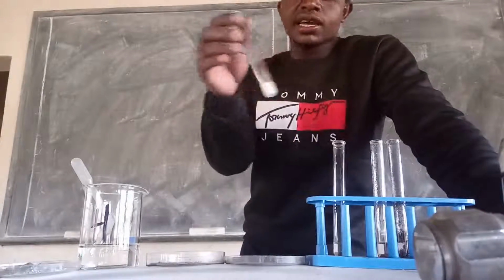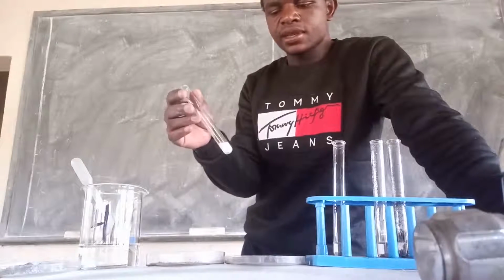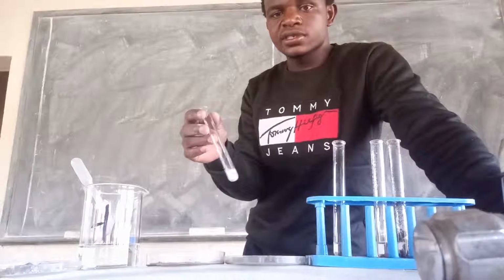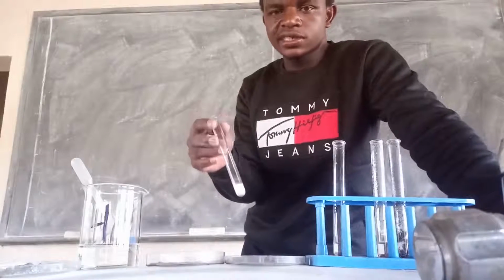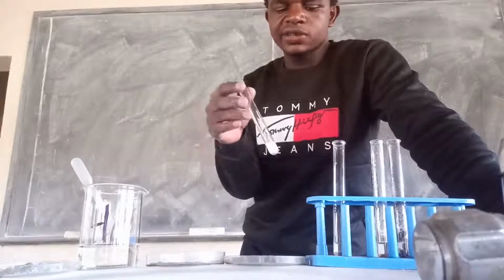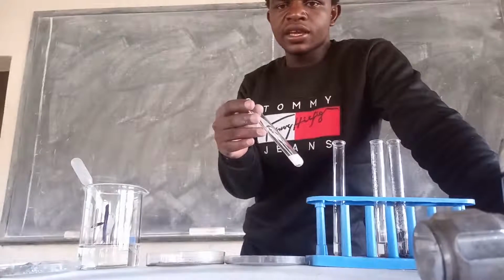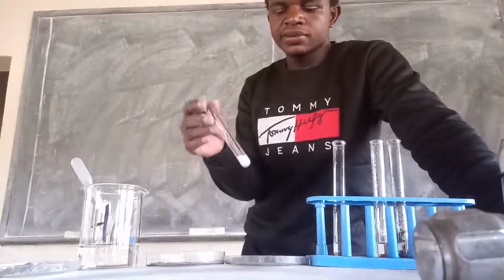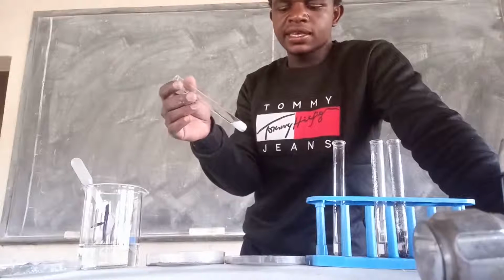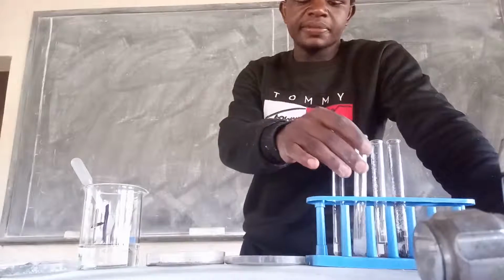Coming to the second test tube, where I used zinc, this reaction was also fast, but it was not as fast as the first test, which involved magnesium. So which means zinc is not more reactive than magnesium.